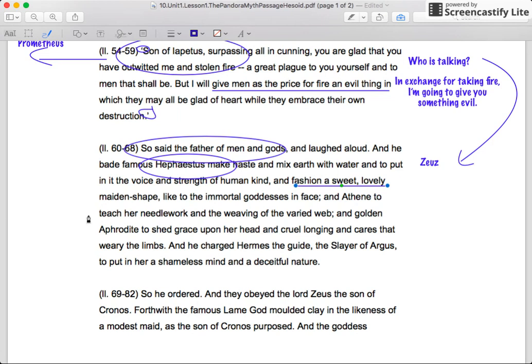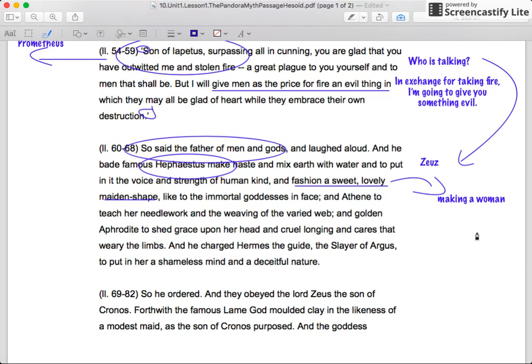So he is making essentially a woman, right? Or he's making something that looks like a woman, right? Because if it has a maiden shape, then it looks like a woman. So Hephaestus is making a woman. Zeus tells Hephaestus to make a woman.